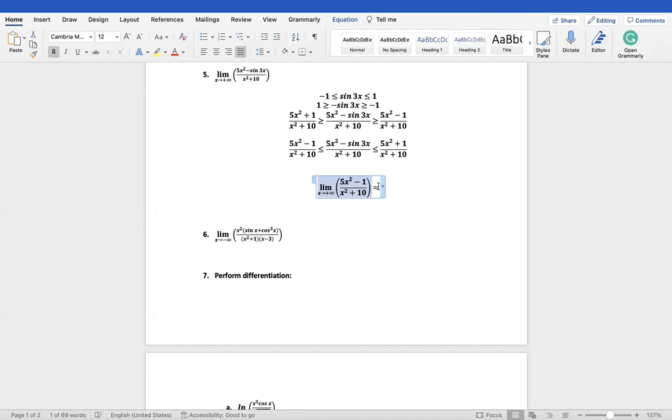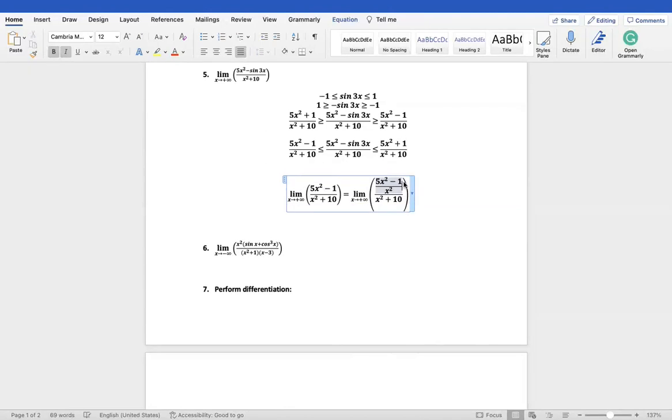So this is the way I'll do it, just to simplify your understanding. You divide by x squared in the numerator as well as in the denominator. Right, so let's do that.